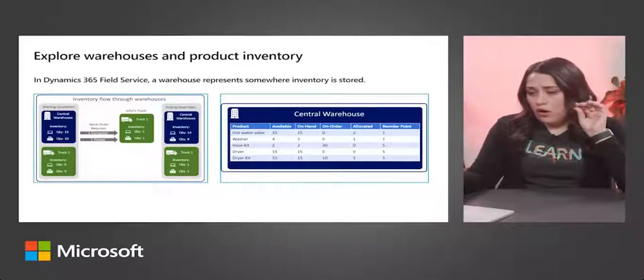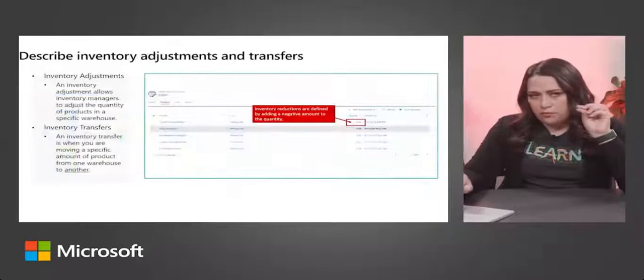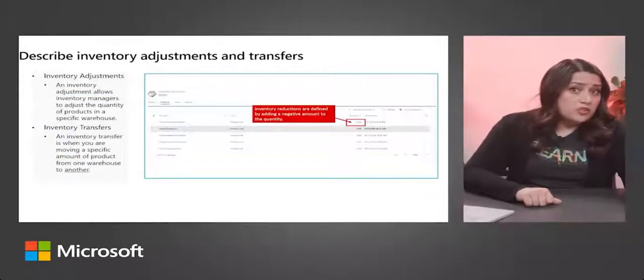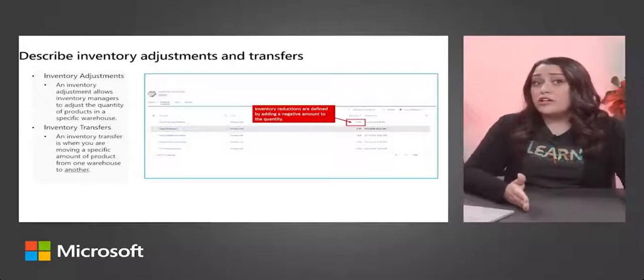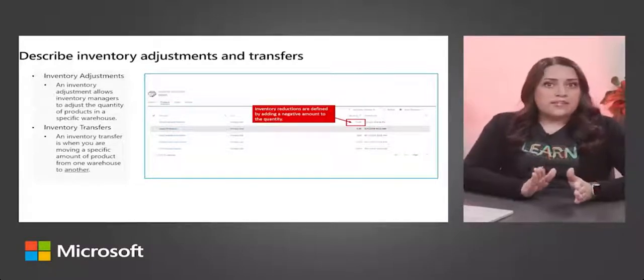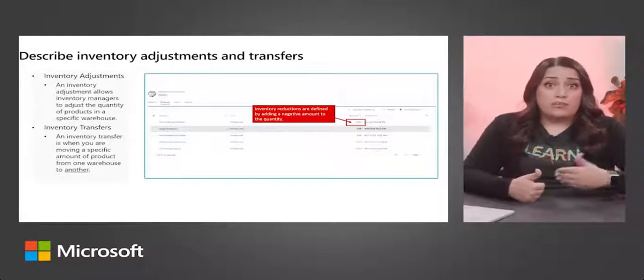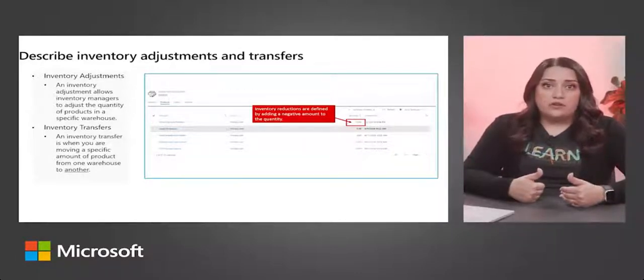And I want to make sure, because I think this is a really important topic, that you understand the difference between an inventory adjustment and an inventory transfer. An adjustment allows your inventory managers to adjust the quantity of a product in a specific warehouse.